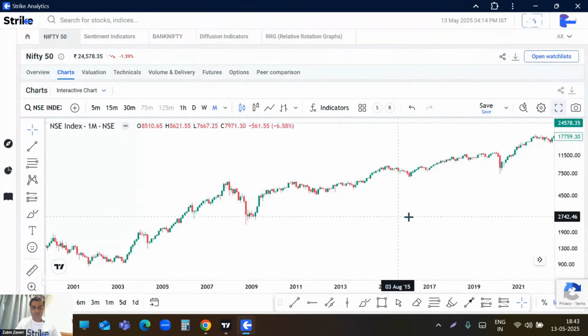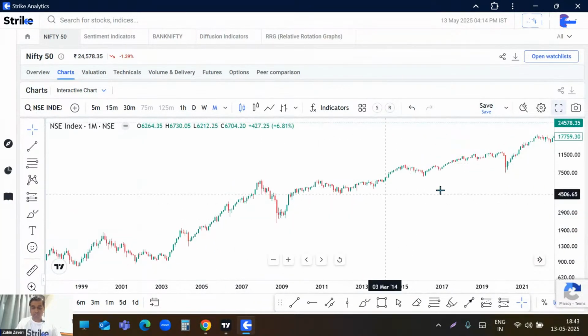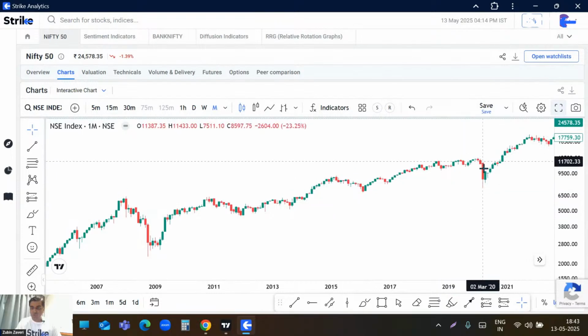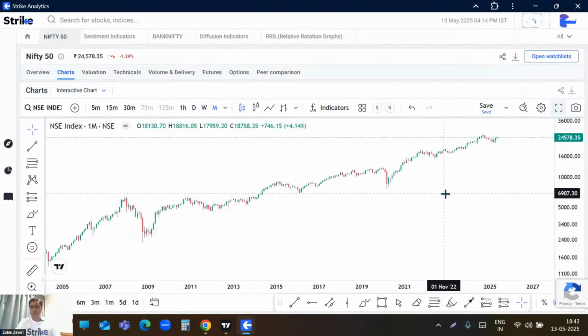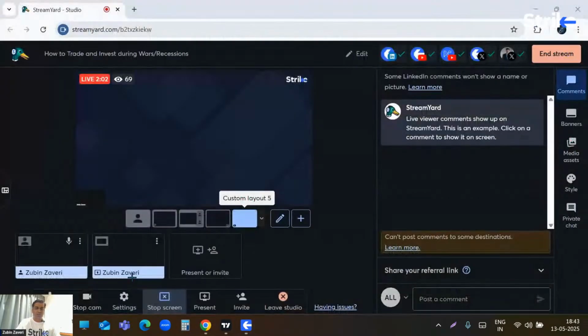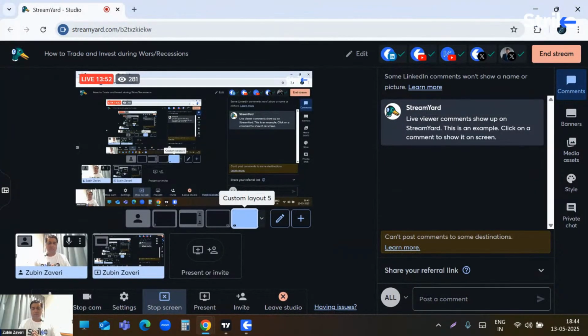All right, this was the 2008 subprime market crash. This was the COVID crash. So you can see over here that the market does not react much for a longer period of time during a terrorist attack or any such wars.